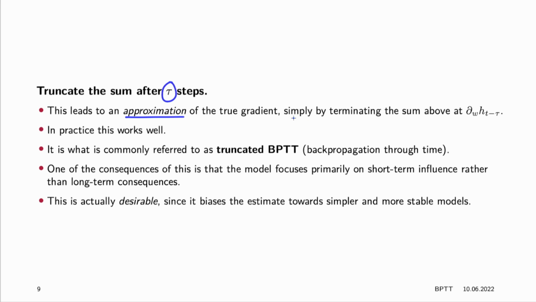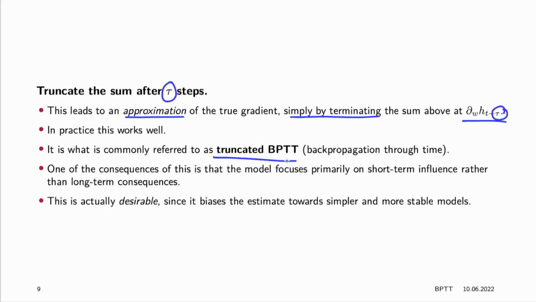In the approximation, we are terminating the sum over the derivative of h_t with respect to w at the term derivative of h_{t-tau}, so this fixed number of steps, with respect to w. Now in practice this actually works quite well, even though it's an approximation. This algorithm is commonly referred to as truncated backpropagation through time.